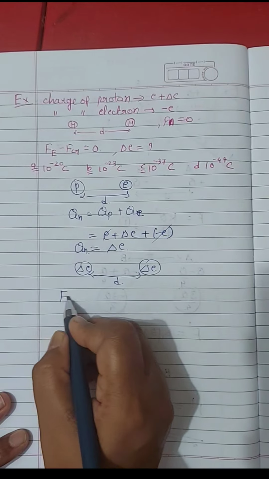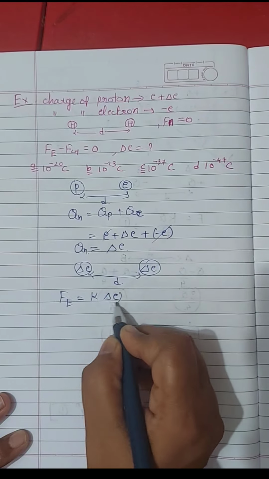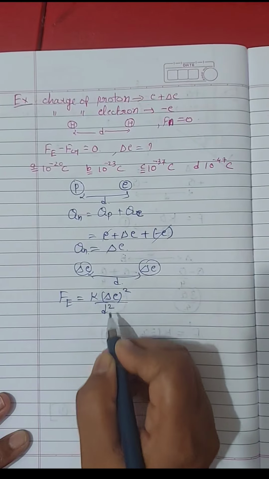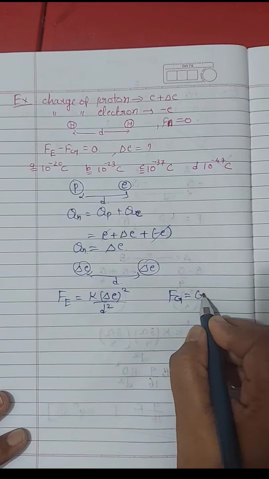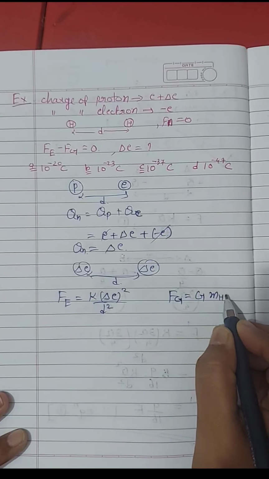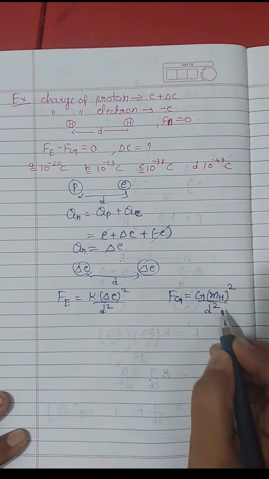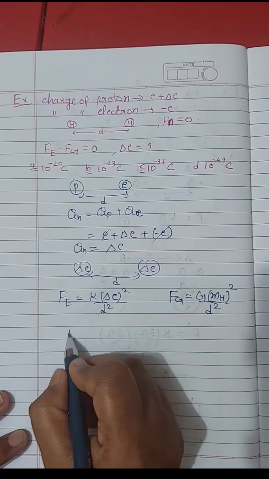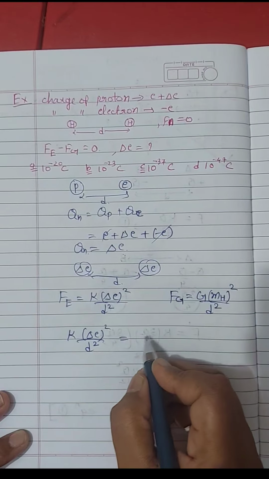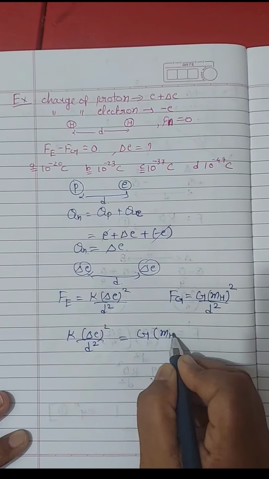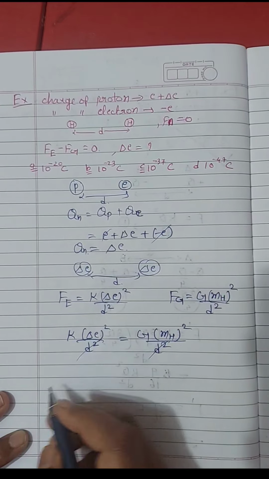So electrostatic force, I am writing Fe, is equal to K delta e square divided by d square, and the gravitational force is G, mass of hydrogen atom and its square, divided by d square. So we can simply compare: K delta e square divided by d square is equal to G, mass of hydrogen atom square, divided by d square. d square cancels.